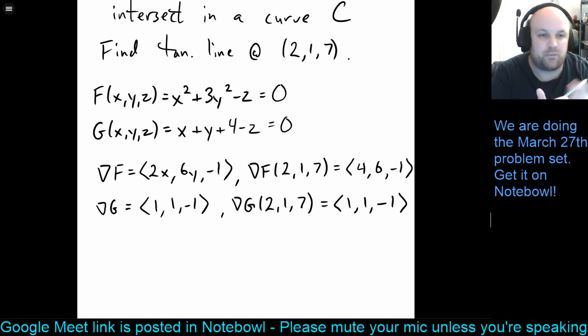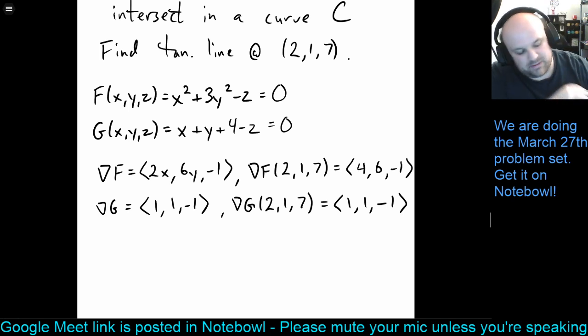The tangent vector is going to be perpendicular to both of these gradients. So the thing I need, yeah, we want the cross product.